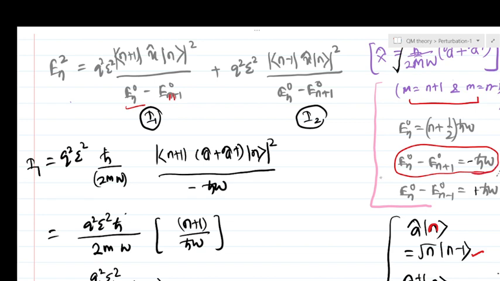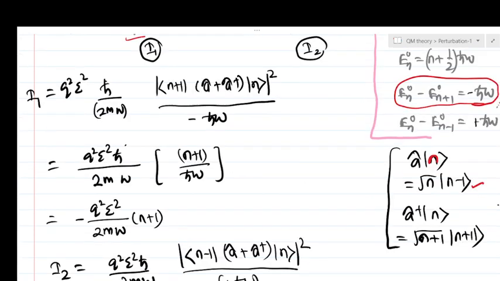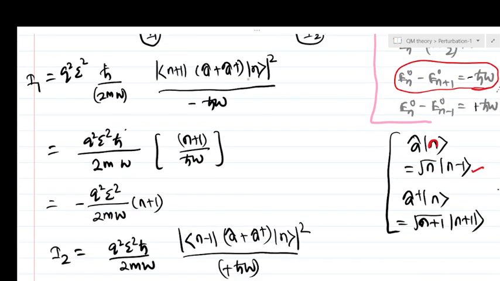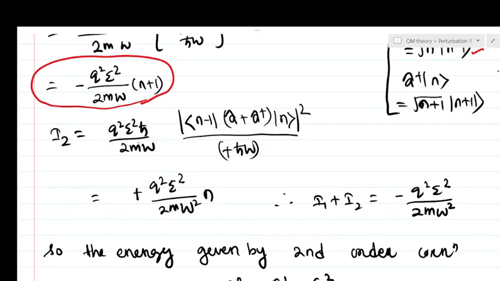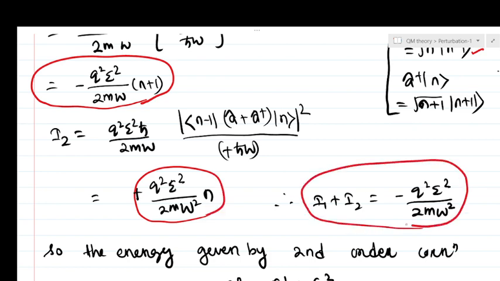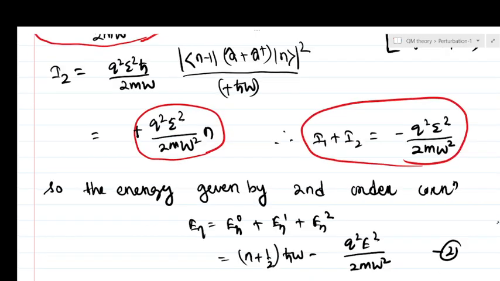Okay, so put the values and operate a cap and a cap dagger. So the final value of I1 is this much, and if you find I2, similarly the final value is this much, and adding these two, the final value will be minus q square E square by 2m omega square. This is the second order correction term.